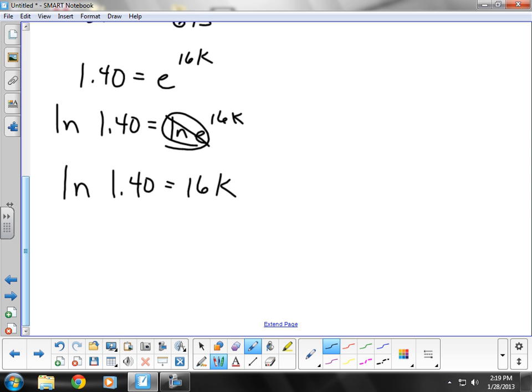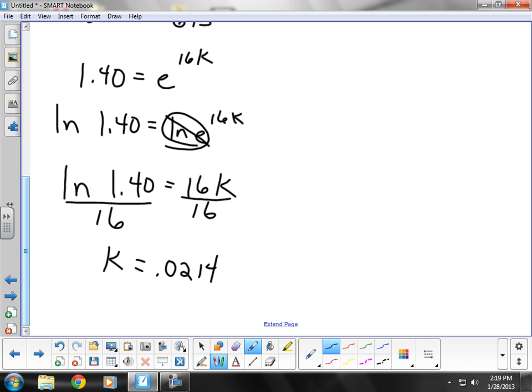Since it is e, they just cancel out, and it becomes 1. And so 16k times 1 is just 16 times k. So I have to divide by 16. So k is equal to 0.0214. All right, and so that's k.